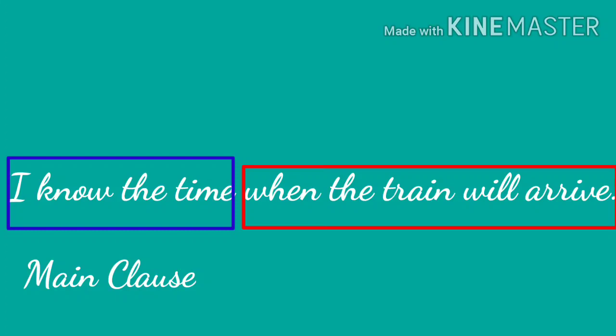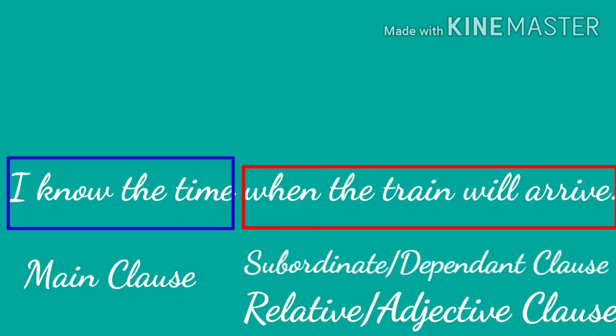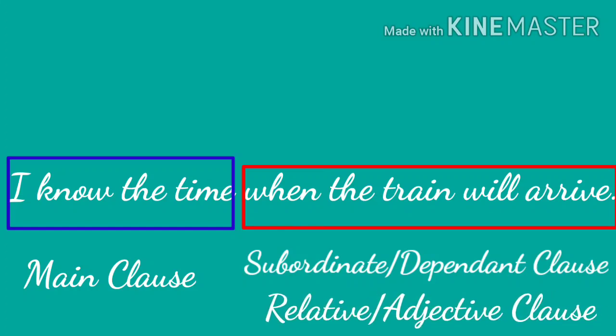So such a clause which needs the help of the main clause to complete the sense is called your dependent or your subordinate clause. So this dependent or subordinate clause begins with the word when, which is a relative adverb. So when the train will arrive is an example of your relative clause or adjective clause.